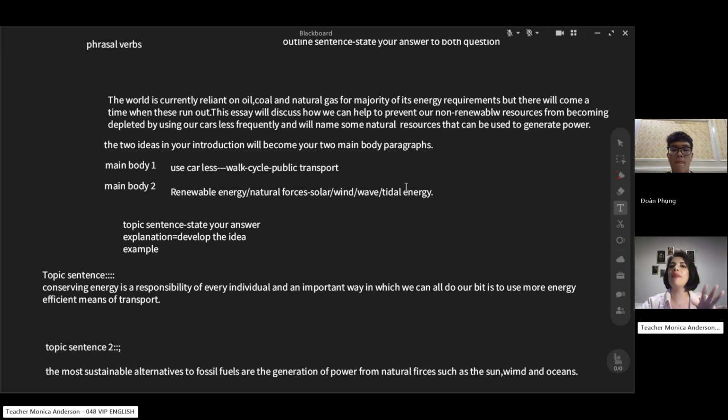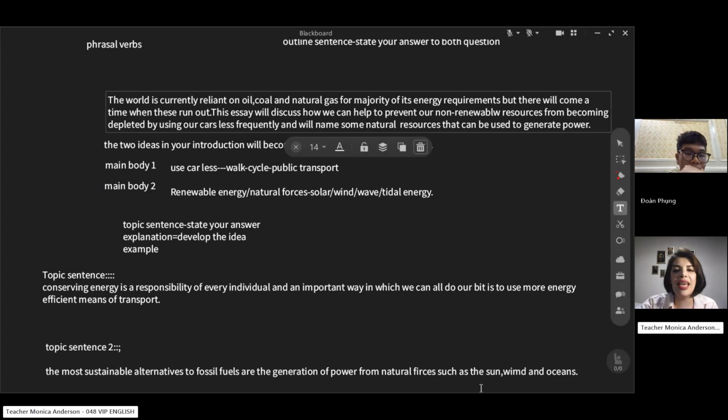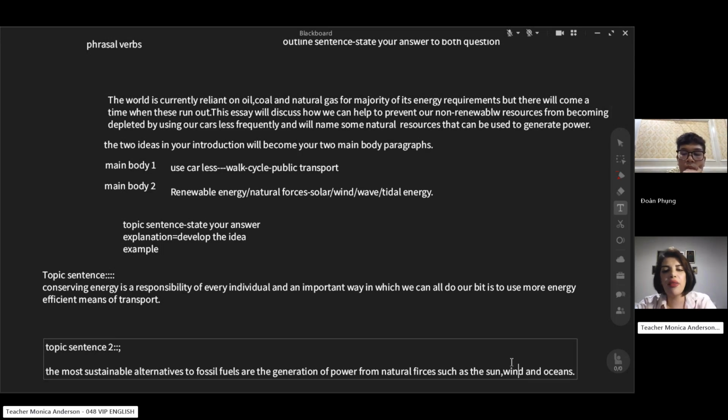We're going to talk about natural forces like solar, wind, for example power. As you can see, I'm going to discuss three alternatives here: forces like sun, wind, and ocean. Now, let's talk about them. For sun, we say solar, and wind.